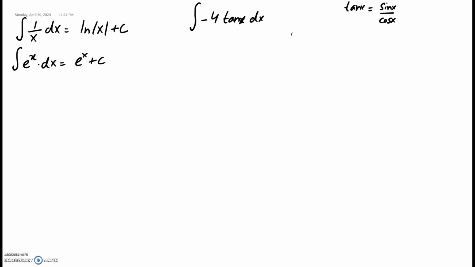Now this question becomes the integration of negative 4 sin x over cos x times dx. Clear? Here 4 is a constant, so I will just put it outside of the integration sign, and now you have negative sin x over cos x times dx.